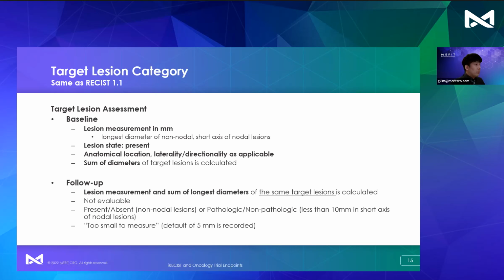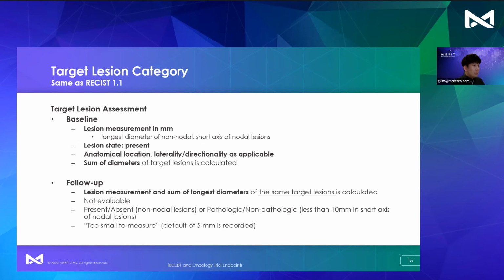Assessment of the target lesions is also the same. At baseline, we will record lesion measurements in millimeters, also the lesion state as a qualitative assessment of being present, anatomical locations, laterality, directionality, and the sum of diameters will be calculated upon the baseline visit.